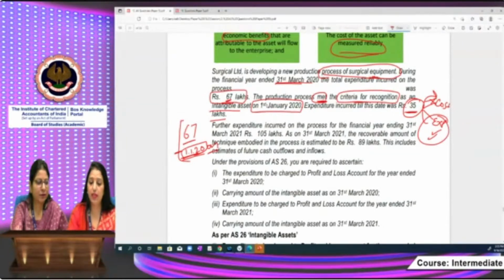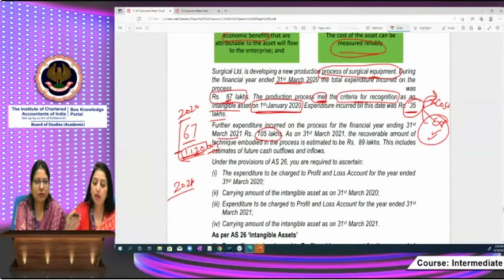Now moving to the next information. Further expenditure incurred on the process for the financial year ending 31st March 2021. For 2021, how much expenses are there? 105 lakh. And it has met the criteria on 1st Jan 2020.